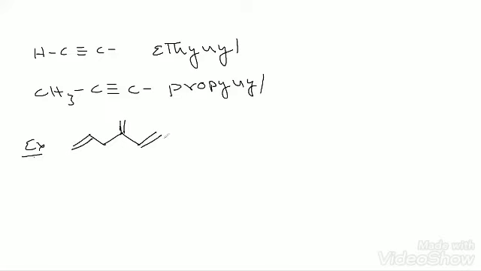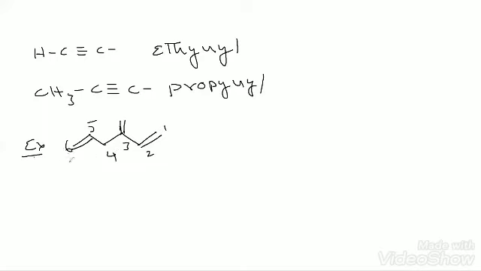So here we have 3 double bonds. So in these 3 double bonds, how to choose the parent chain? The parent chain should have the maximum number of carbon atoms: 1, 2, 3, 4, 1, 2, 3, 4, 5, 6. So this is the parent chain. So the numbering is 1, 2, 3, 4, 5, 6.